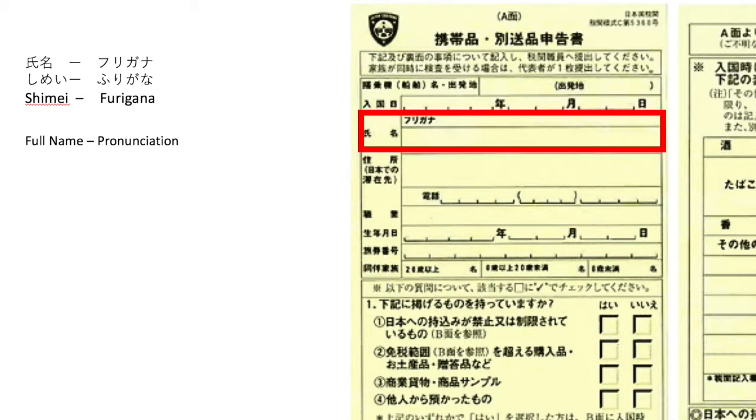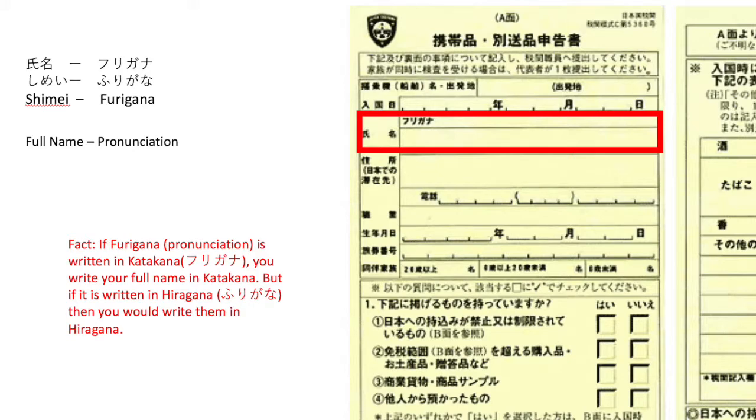Next, shimei, furigana. Shimei is full name, and furigana is pronunciation. Usually in Japanese, we have our kanji name, sometimes mixed with hiragana. So you write the kanji name in shimei in the big box, and you write how to pronounce that name in the smaller box.